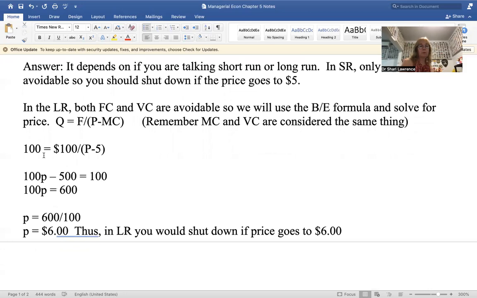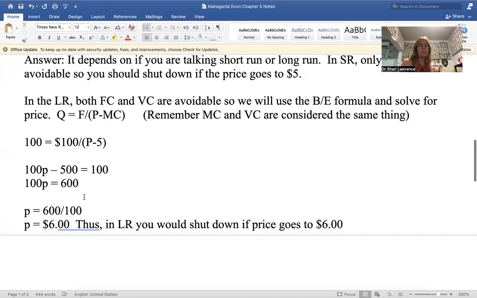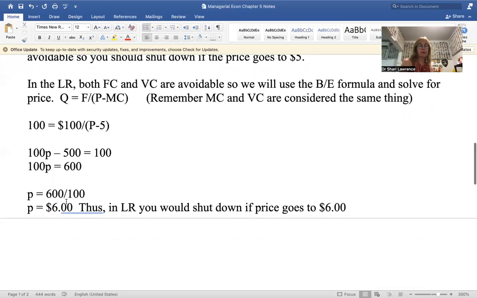You just solve for P here. I'm multiplying 100 times P and 100 times 5, so we've got 100P minus 500 equals 100. Then add 500 to each side, so I end up with 100P equals 600. P equals 600 divided by 100. P equals $6. Therefore, in the long run, you would shut down if the price goes to $6.